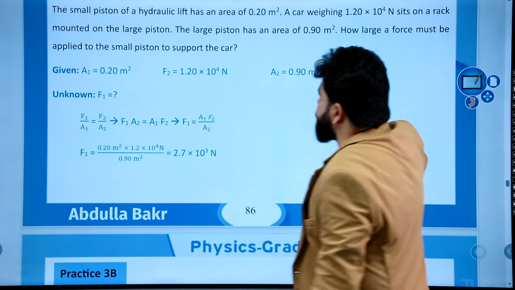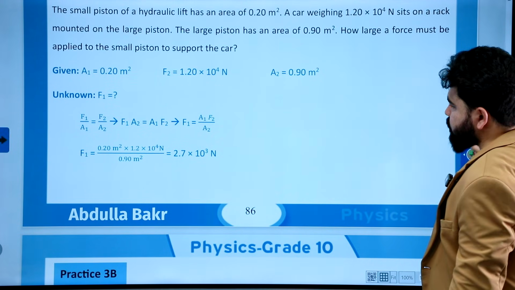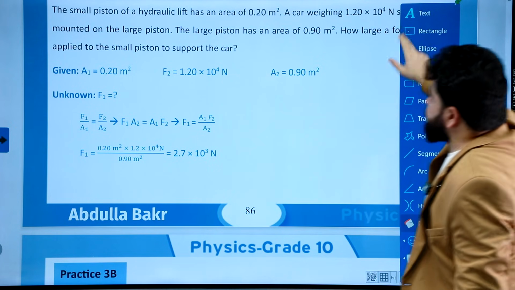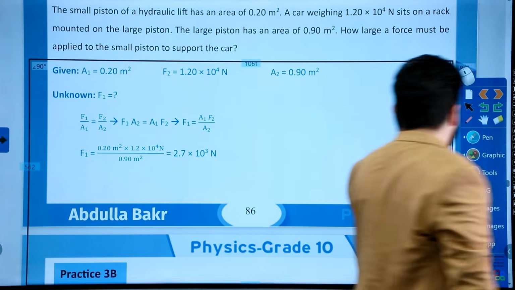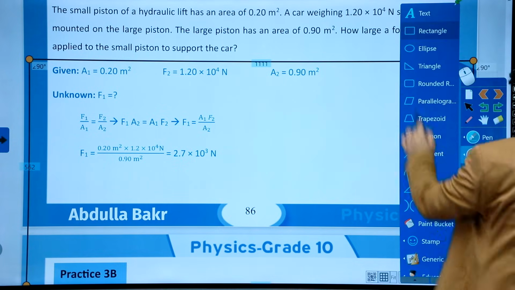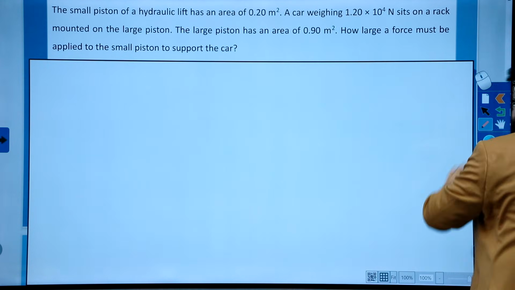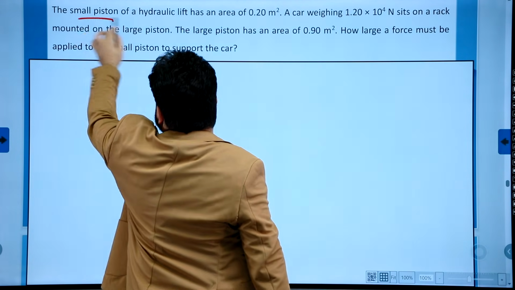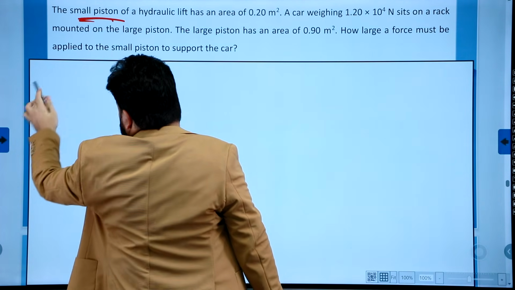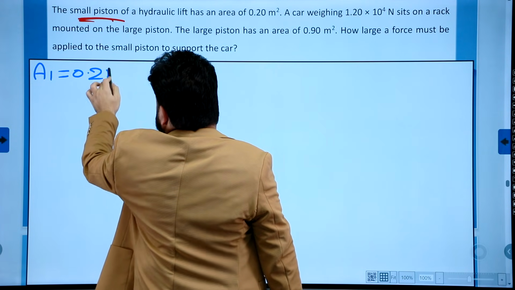It says the small piston on a hydraulic lift has an area of 0.2. Because it says small piston, I'm going to say this is A1. Be careful. 0.2 meters squared.